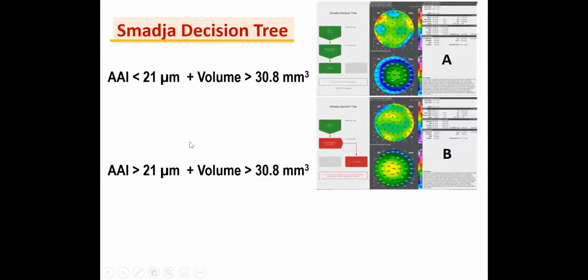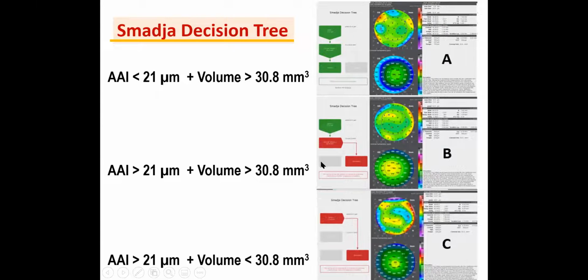This is what happens in cases with more than 21 with still good volume, it is a frustrate, or what happens when the volume and the asymmetry are abnormal, announcing that this cornea may have frustrate keratoconus.